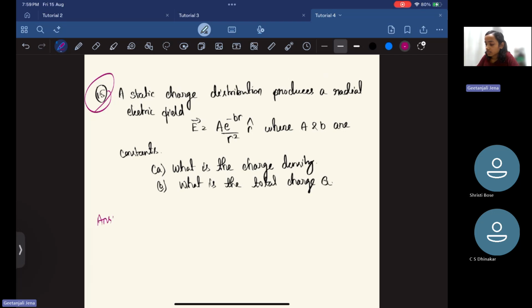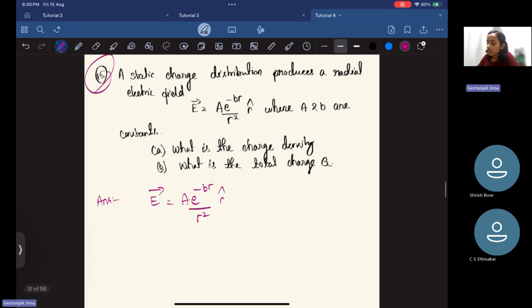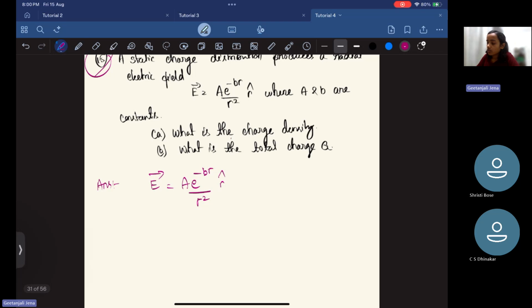It's given as E = A e^(-br)/r^2 r cap, where A and b are constants. And it is asking to find out the charge density and the total charge Q.